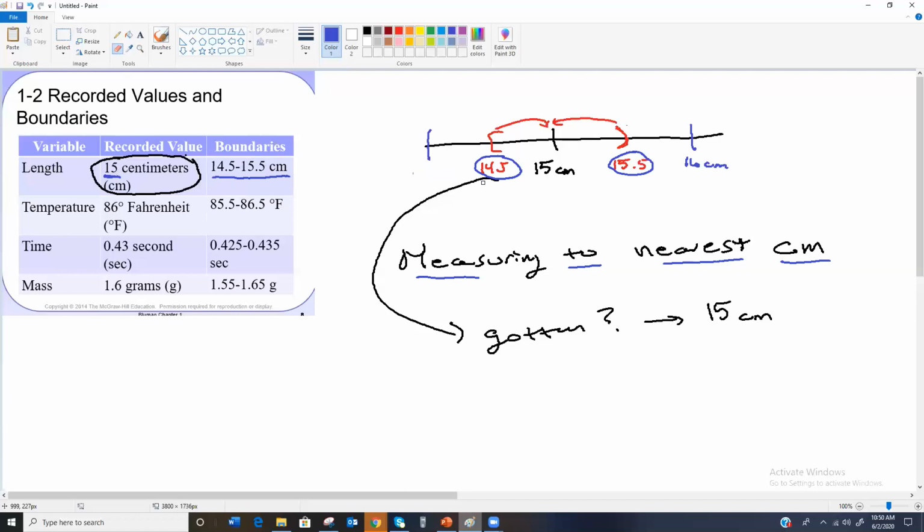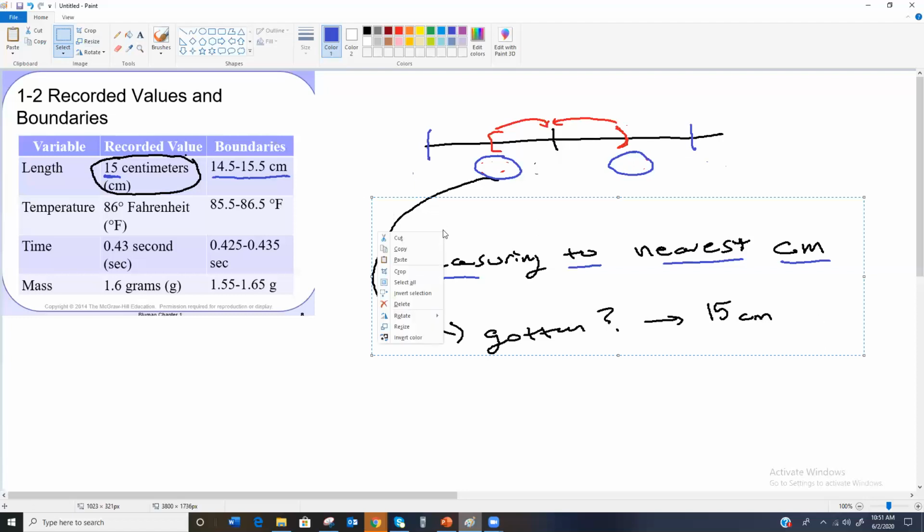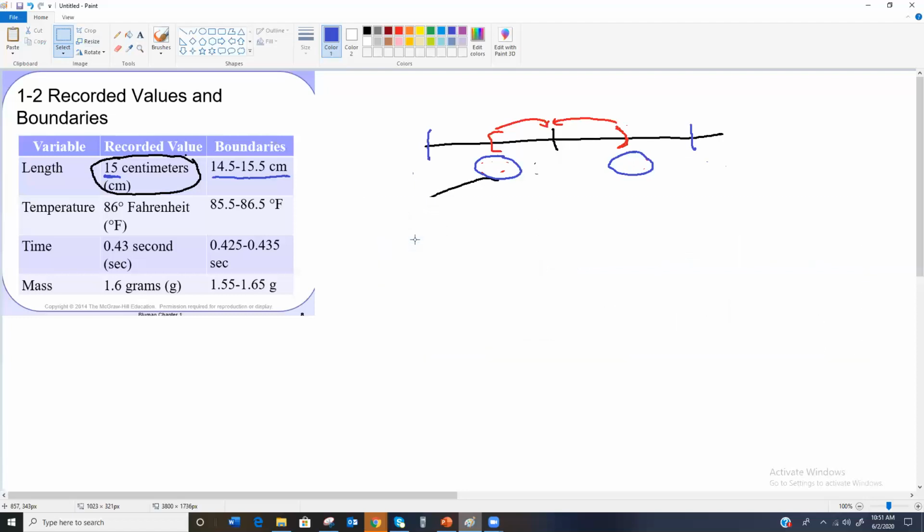Okay, so let's erase these numbers and let's see if we can do it with some other numbers in this table. So if I'm going to go down here to the mass. So let's say we were measuring mass to the nearest.